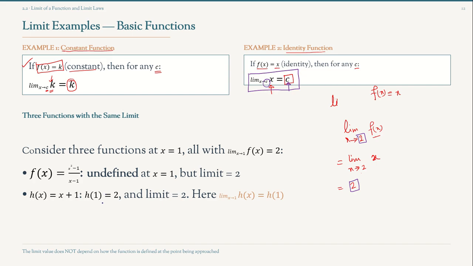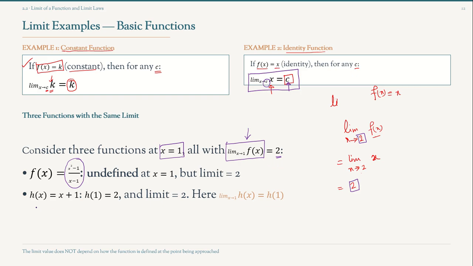Now consider another function at x equals 1. We are asked to find the limit as x tends to 1 of f of x. We already calculated this; the limiting value is 2.